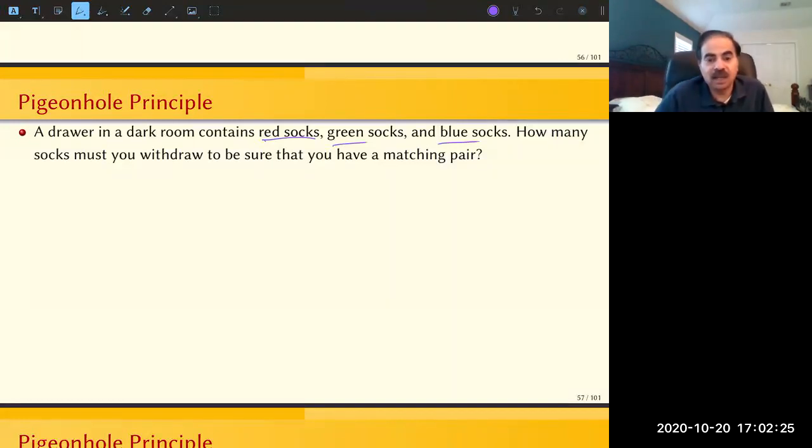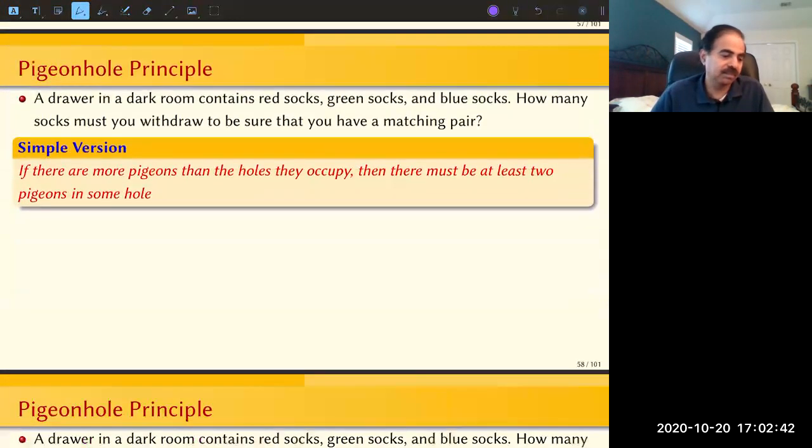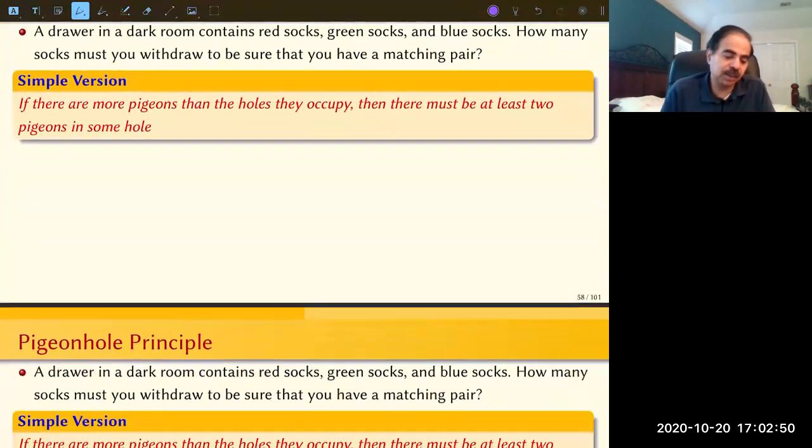So if you draw 4 socks and you try to put them into these 3 holes, at least one hole must have 2 socks. So you have your pair, right? So that's the principle.